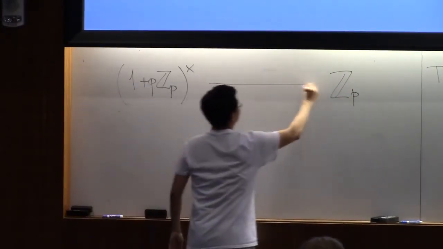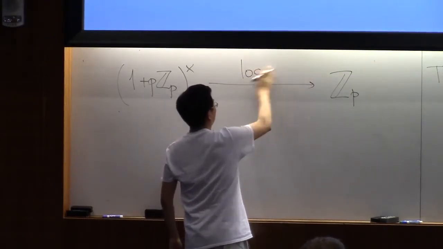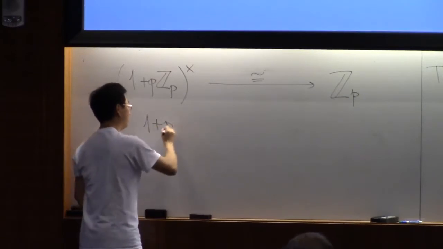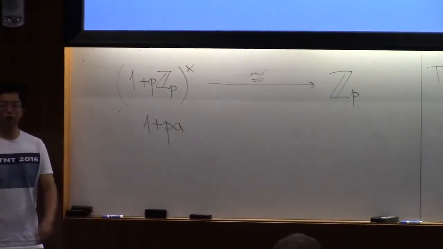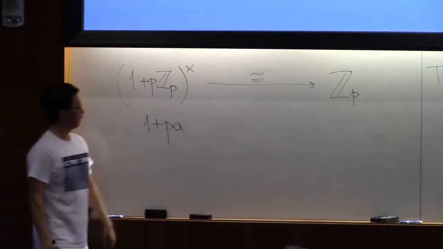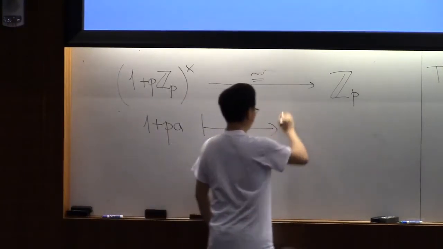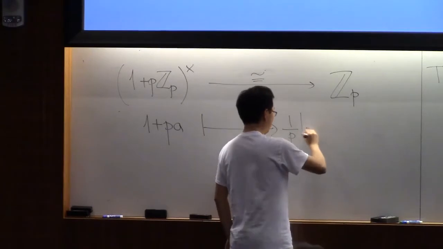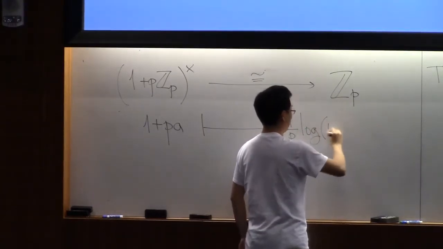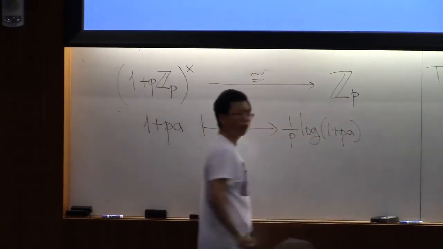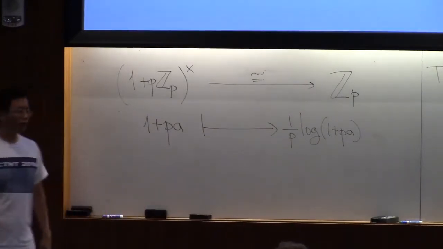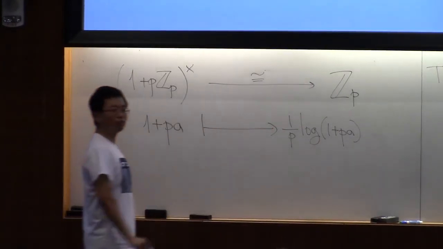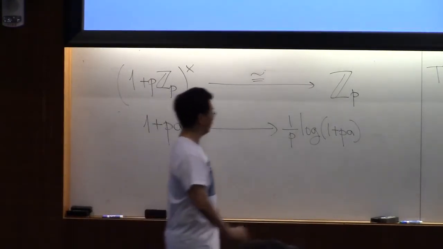Going this way, I can take the logarithm, and I'll write down what it is. Take an element of the form 1 plus pa, and I want to take the log, normalized: 1 over p times log. And we're going to ask, what is log? These are not real numbers, these are p-adic numbers. But p-adic numbers can also take log.